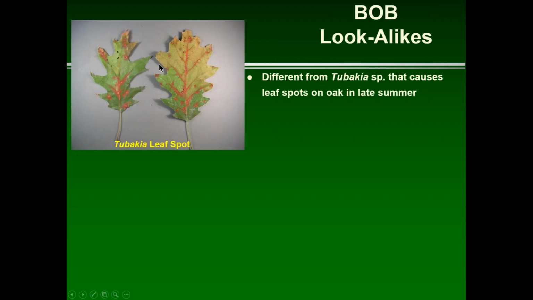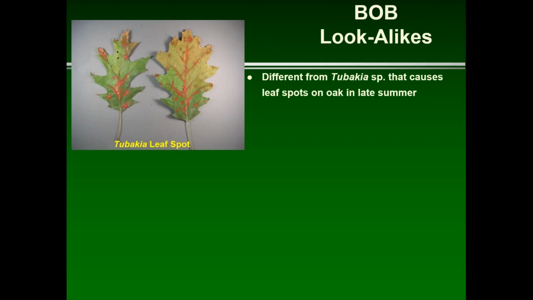Oftentimes you'll see these leaf spots, often with a white center. This is a red oak. Red oak does not appear to be susceptible to the Tubakia that forms BOB, but it is susceptible, as well as the other oaks, to the Tubakia leaf spot that we knew existed for many years.